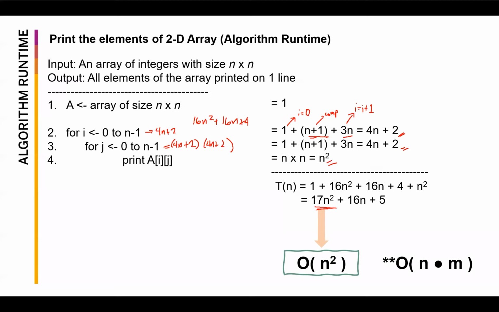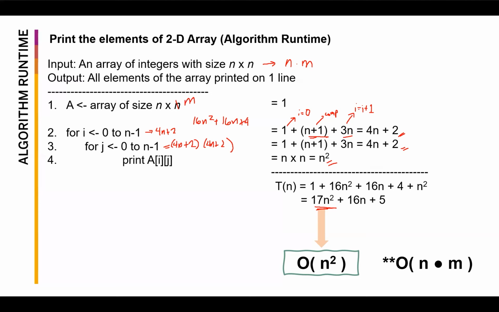So this is a quadratically growing algorithm. Now what if our input is, instead of a square array, which is n of n, what if there are different elements? So it's an n times m. Instead of n by n, we have n times m.